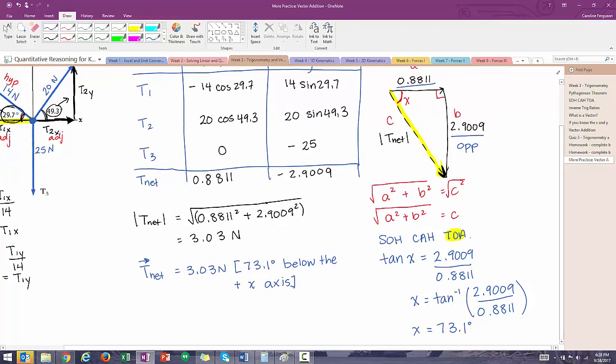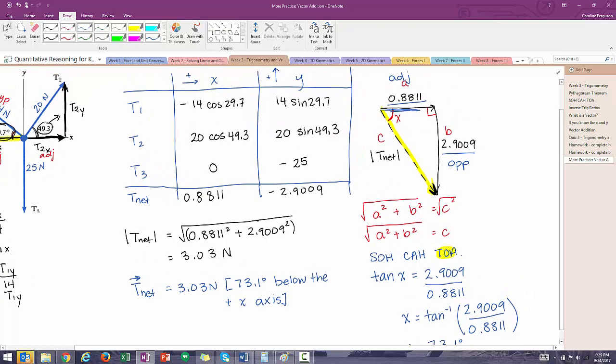Okay, so let's take a look at it again. This is the positive x-axis over here. That's the positive x-axis, and our vector is 73.1 degrees. So this x value we got was 73.1 degrees, and it's below the x-axis.